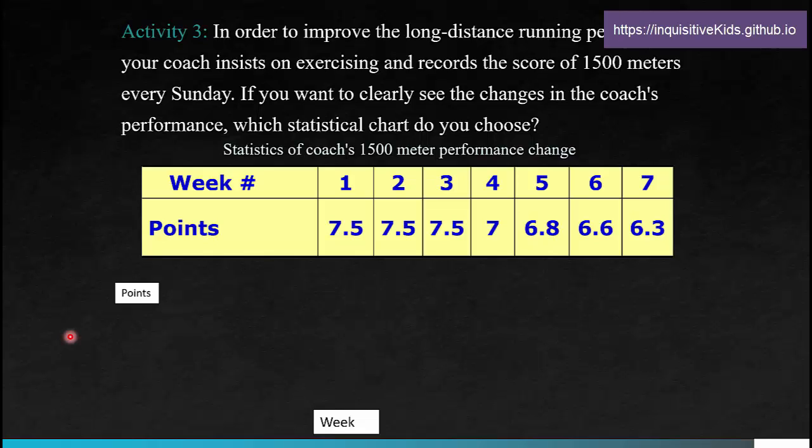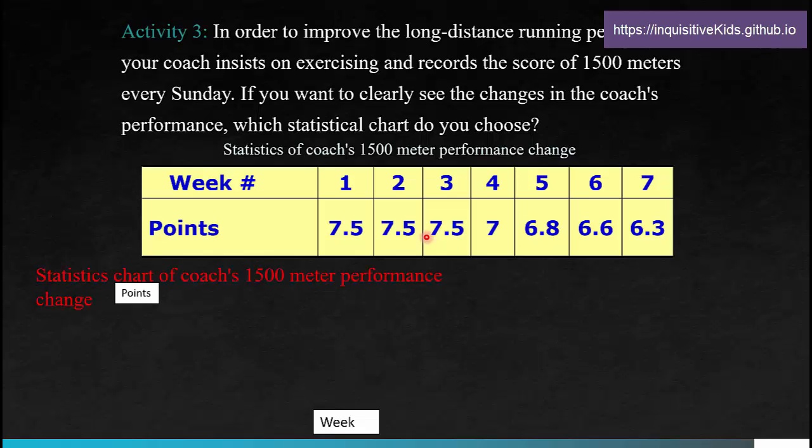You want to look at his data, and then I want to ask you, which statistical chart would you make? And this is the data. Week number, which is 1, 2, 3, 4, 5, 6, 7, and this is the points. So it seems like there's a rubric, and you have to find how much points he earned.